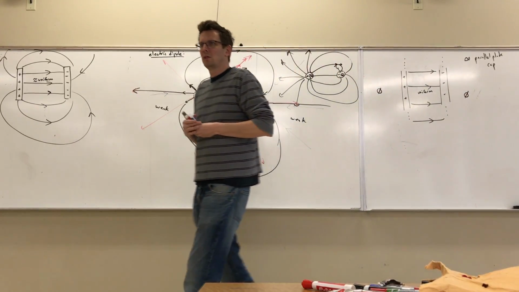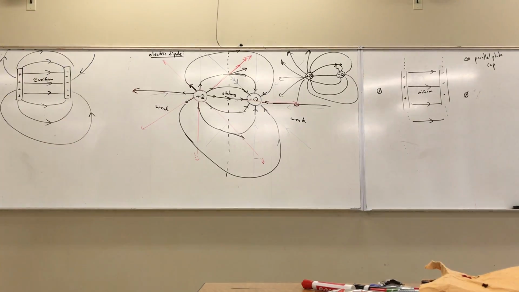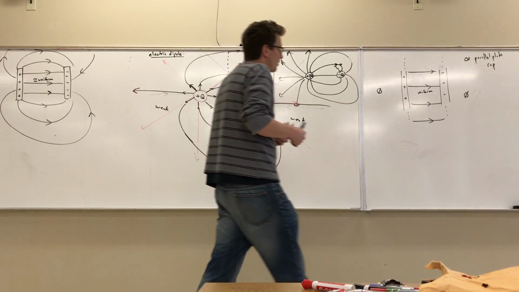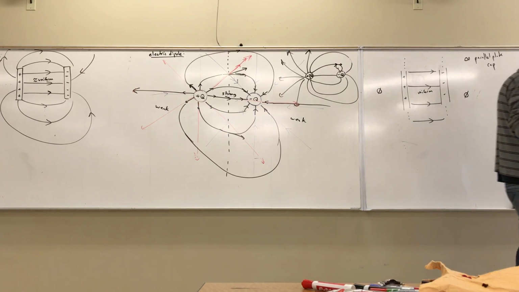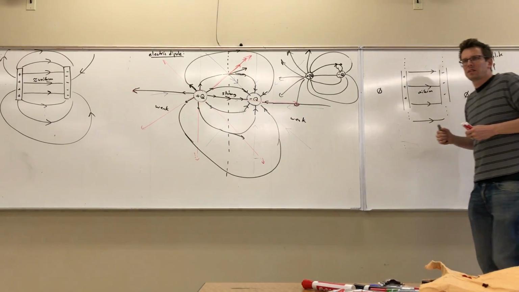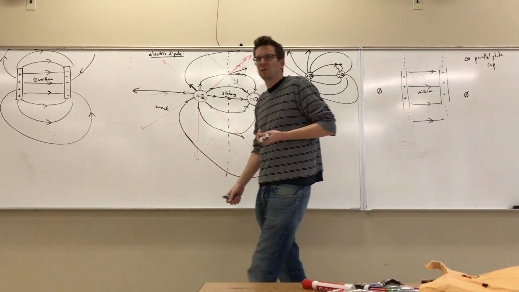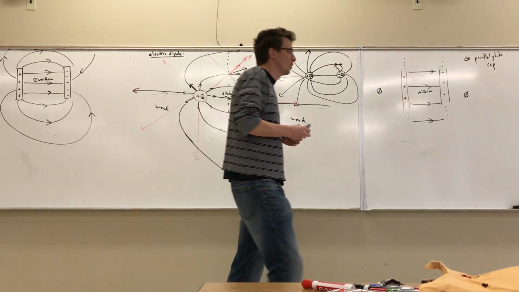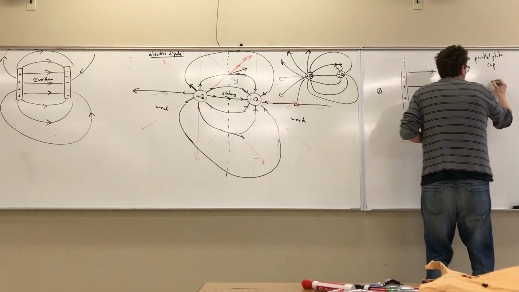Now, we will actually calculate the mathematical details of this later and shore it all up. But the main thing I just wanted to discuss at the moment was what's the deal with the uniform field.